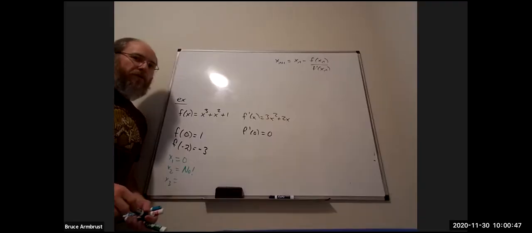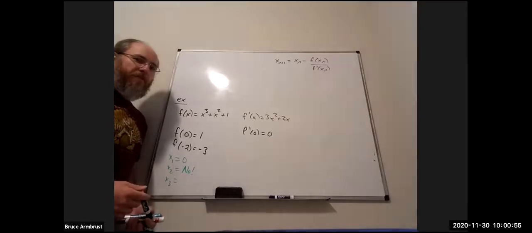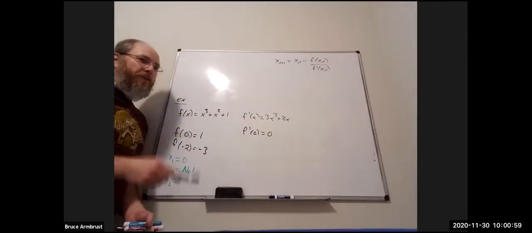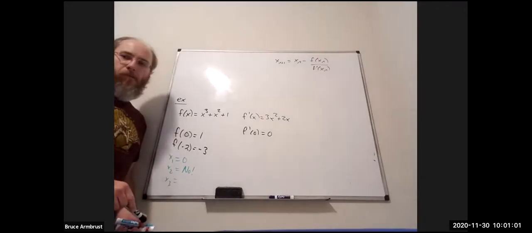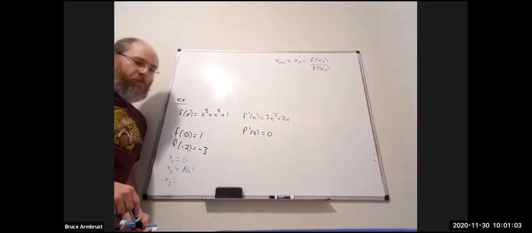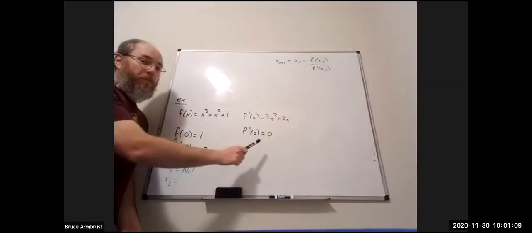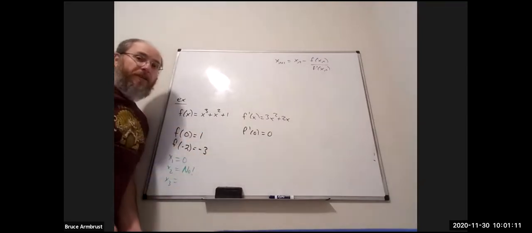It's not 0. I mean, it crosses the x-intercept. No, that's actually not correct. What does the derivative tell you about the tangent line? How close it is. It's the slope, right? So this says that the tangent line has a slope of 0.